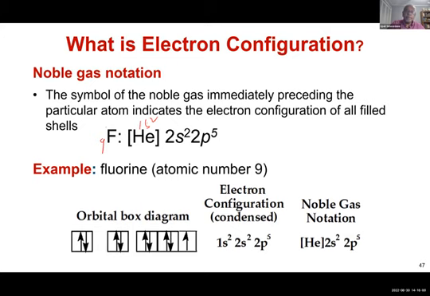Then put the fourth and the fifth in the next boxes for p orbitals. Therefore, if I ask you, how many unpaired electrons are in the fluorine atom? Unpaired means that single arrow on the last box, right here. Now it starts working. That's good.